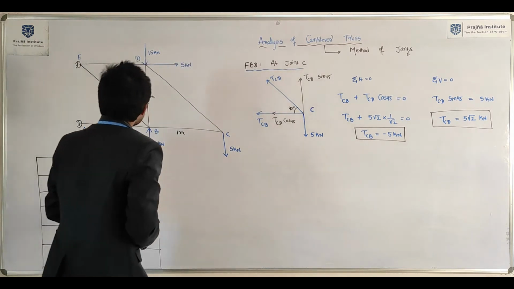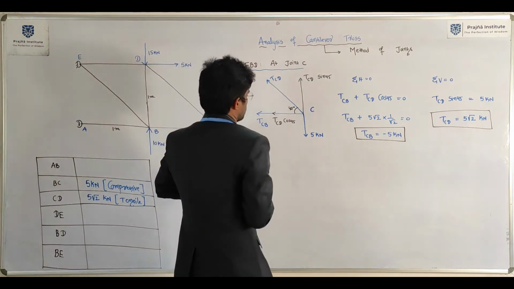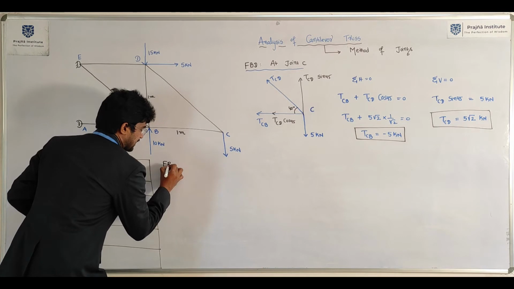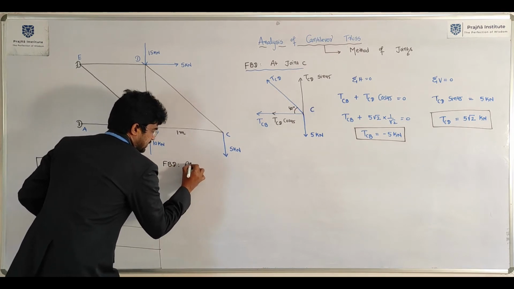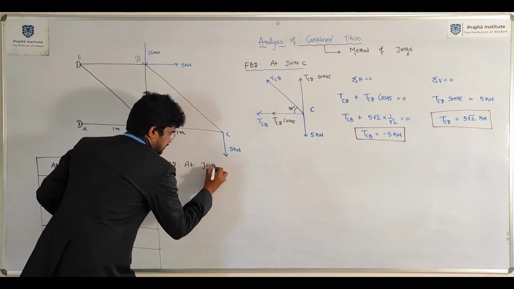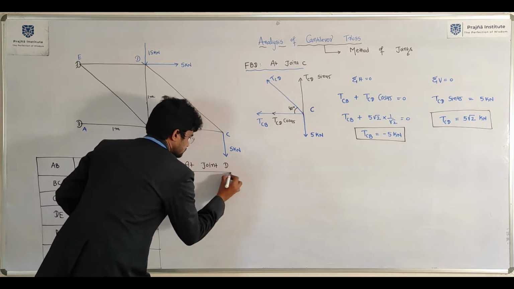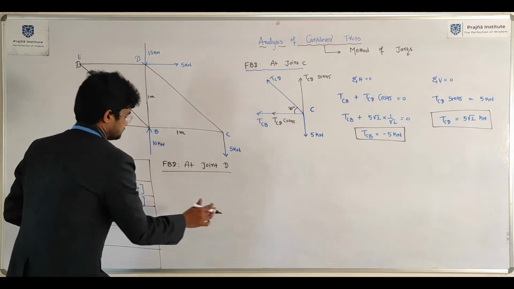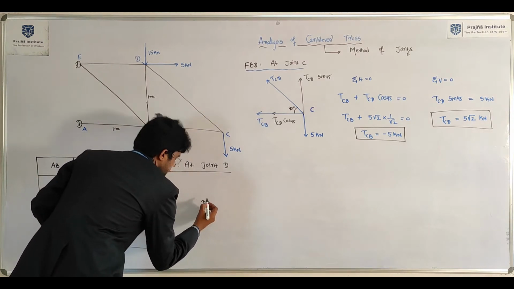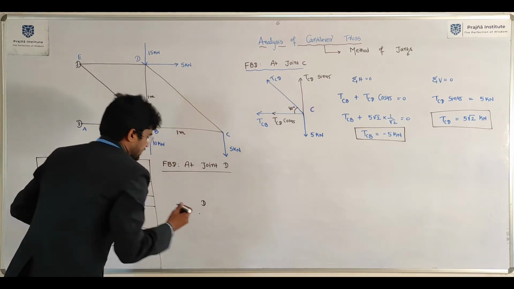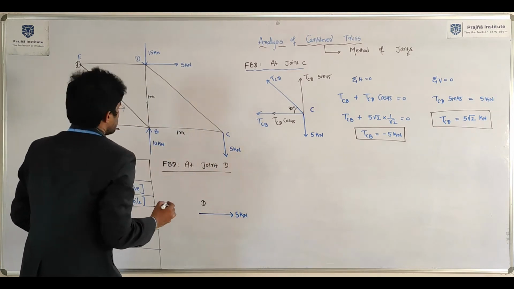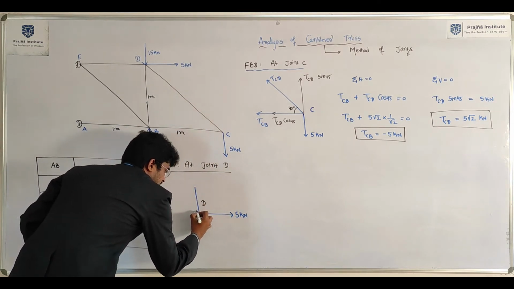Now, draw free body diagram at joint D. This is joint D. 5 kilonewton is acting like this, and 15 kilonewton is acting here.